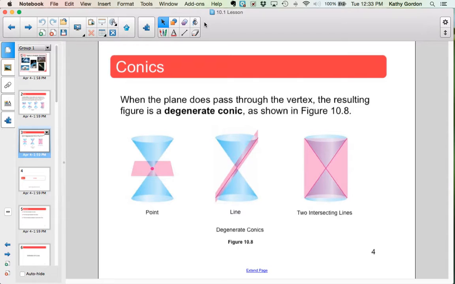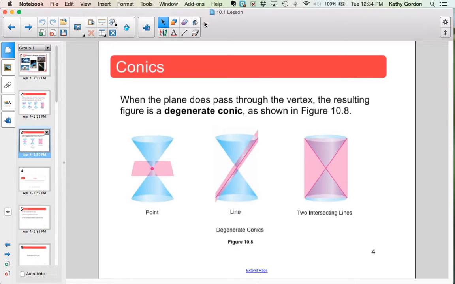And when that happens, these conics are called degenerate conics, which I think is kind of a strange name for them because it makes them sound like they're robbing liquor stores or something. Degenerates. But it's not. Degenerate just means that the plane somehow goes through the point where the vertices meet.